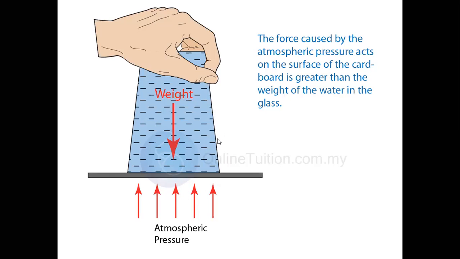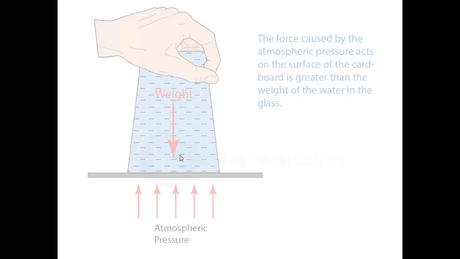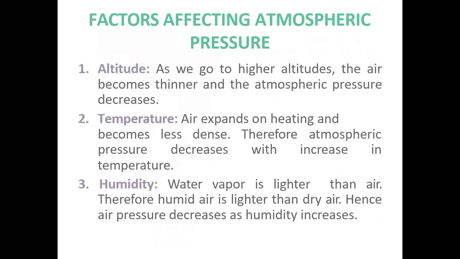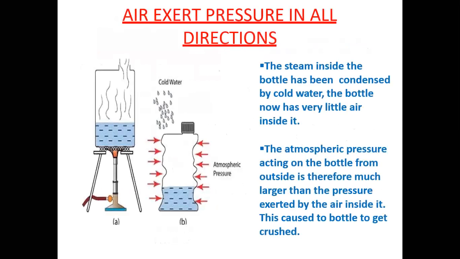Therefore, it cannot be moved. But cardboard is soft and by the pressure from the down part, cardboard is pressed upward and mouth is blocked. Therefore, water does not fall. Air exerts pressure in all directions, not in upward direction only.